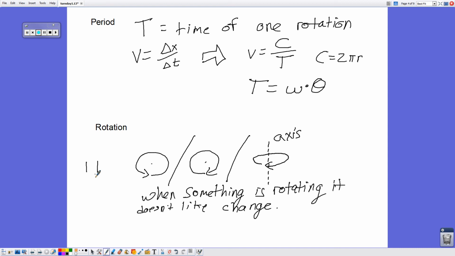So, here's my dreidel, and it's spinning like this. It will not fall over until it stops spinning, because as long as it is spinning, it has angular momentum, and angular momentum is conserved. So it wants to keep angular momentuming the way it is, which means it has to keep rotating like this.